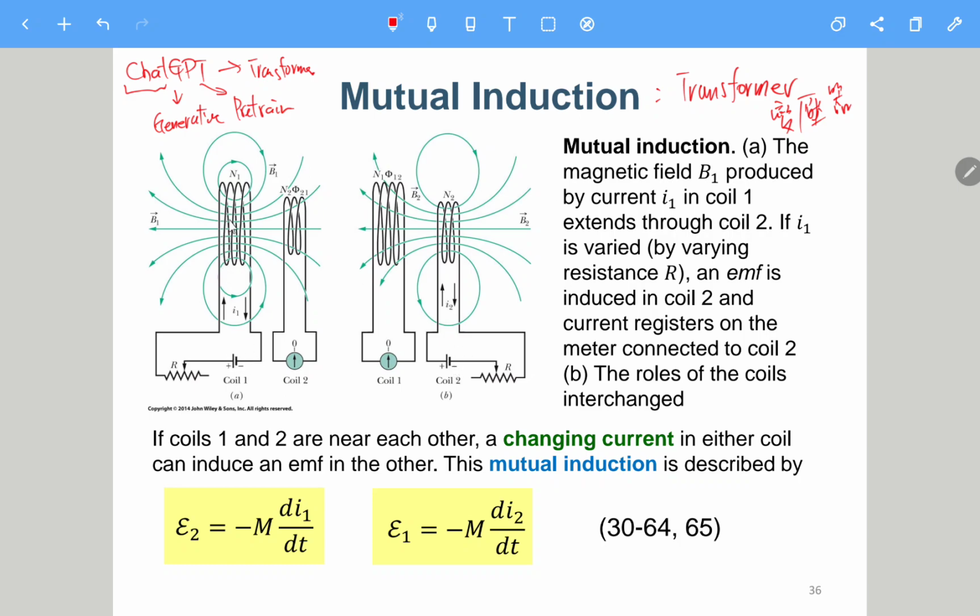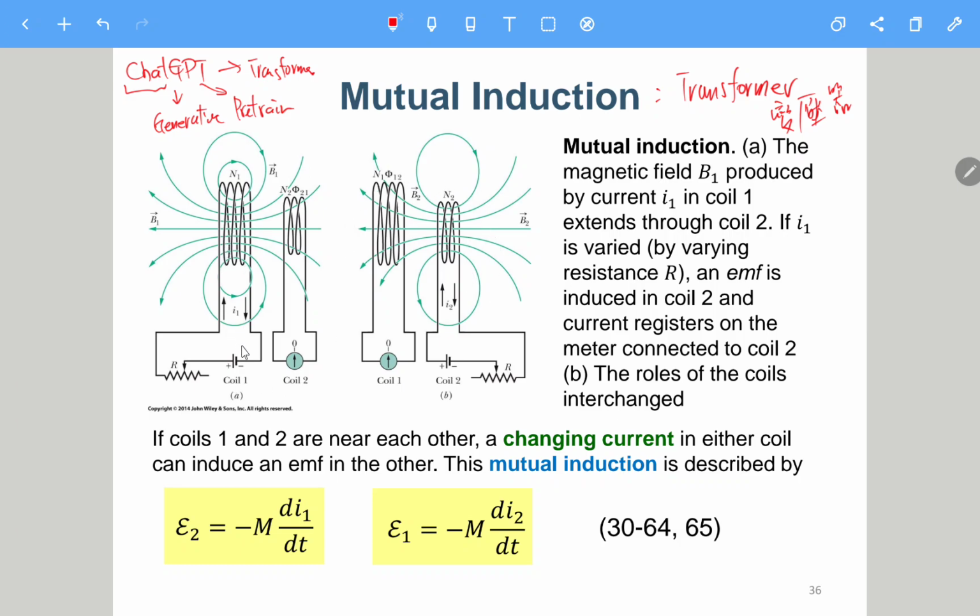So you can see here are 2 coils, one primary coil and the secondary coil. It depends on which one you connect to a battery or the source. These 2 are actually the same transformer.